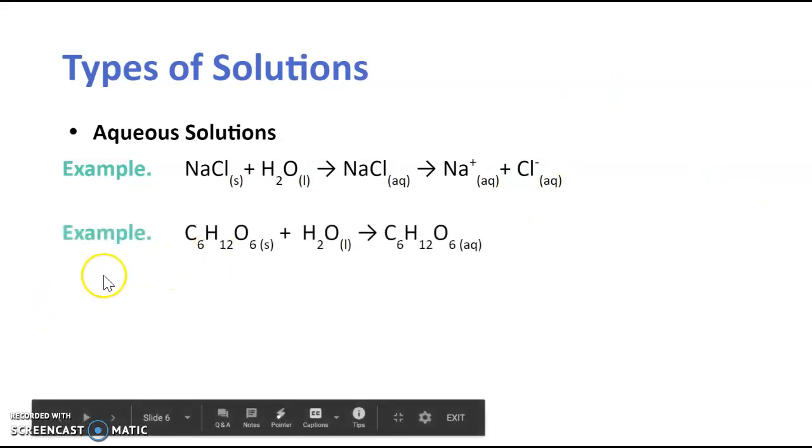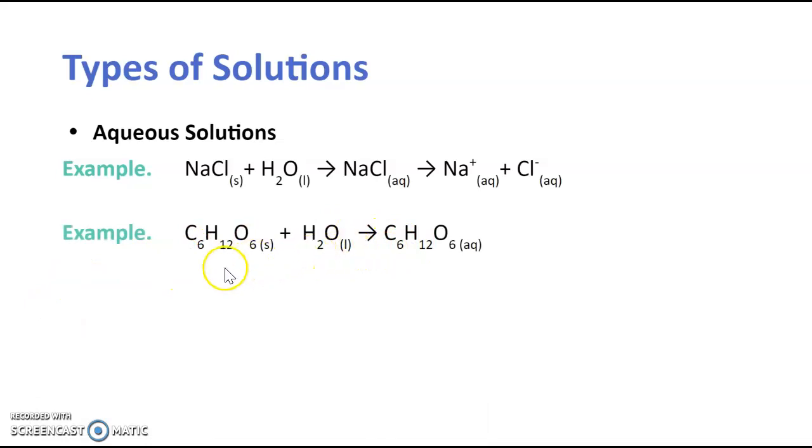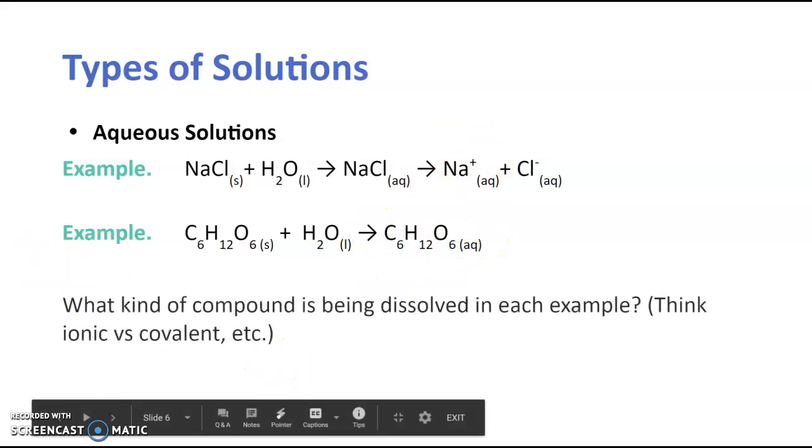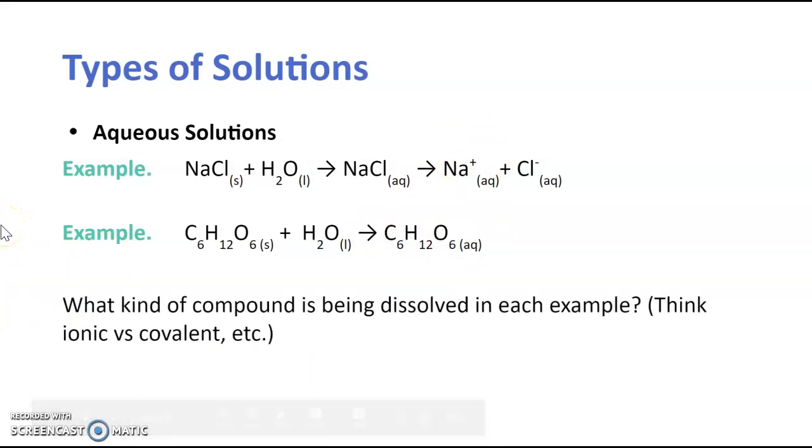Another example is sugar. So this is just a simple glucose molecule, C6H12O6 plus H2O liquid gives us aqueous sugar. So now we want to think about, what's different about these two things. What kind of compound is being dissolved in each example, and how do they behave differently when they are dissolved by the water?